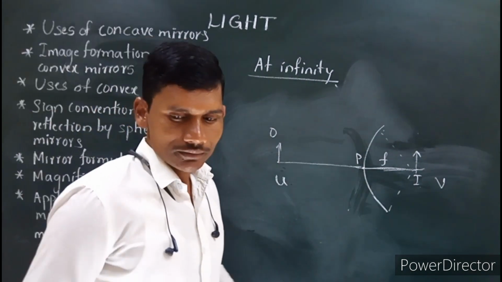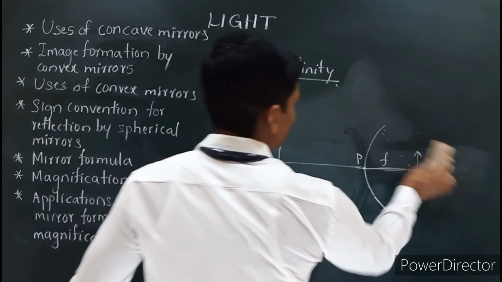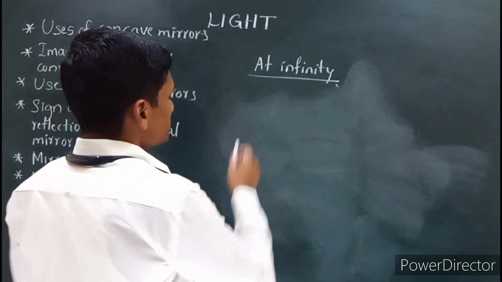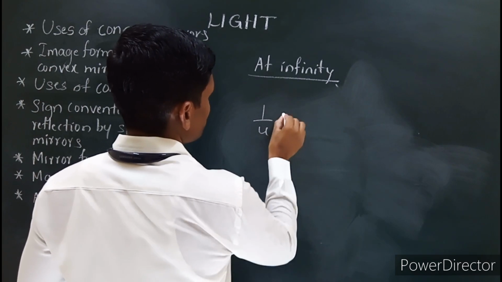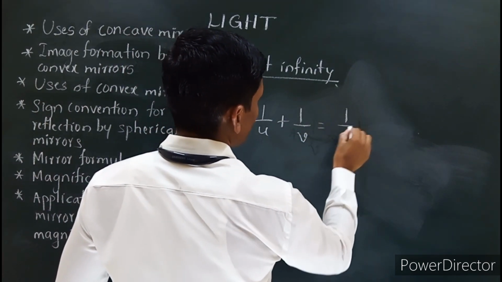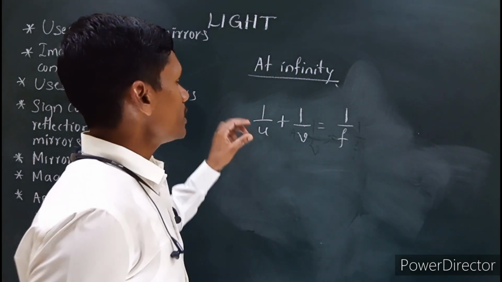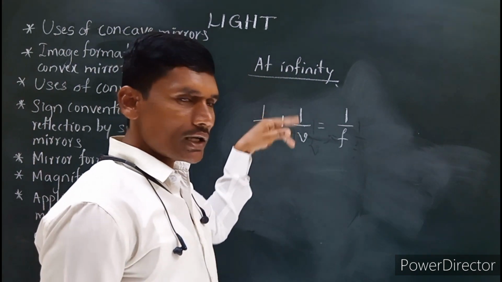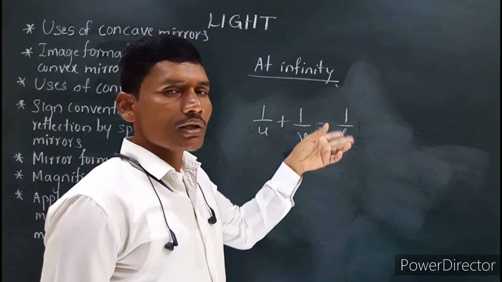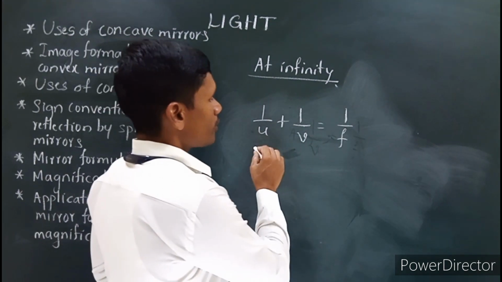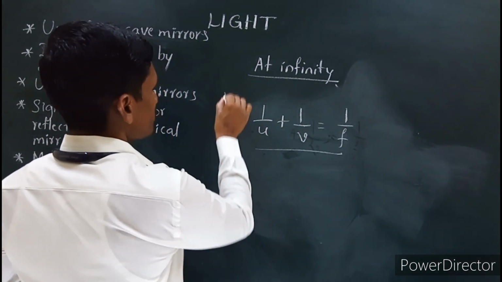We show it in this form: 1 by u plus 1 by v is equal to 1 by f. That means the sum of the reciprocals of object distance and image distance is equal to the reciprocal of the focal length of that mirror. We call this the mirror formula.